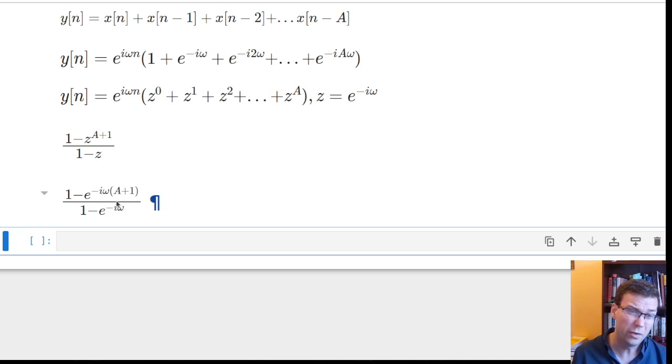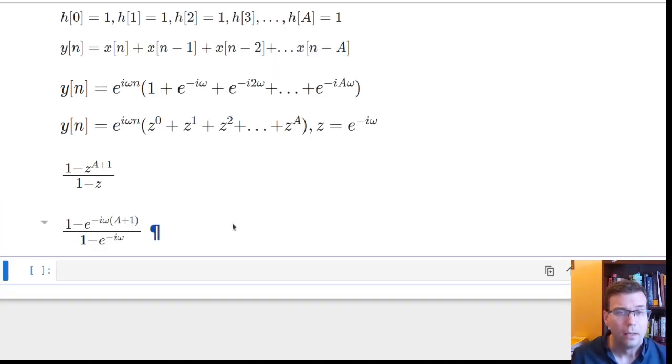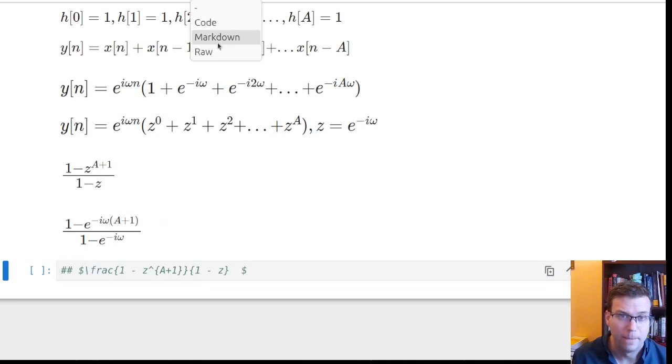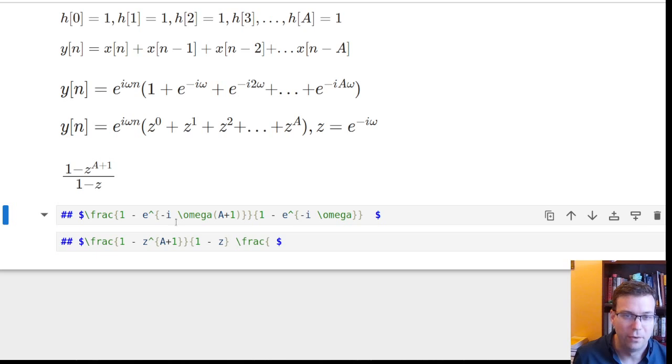So for the numerator, I'm going to multiply by e to the positive i omega quantity a plus 1 over 2. Okay, so let me do that. So my fancy one is going to be, oh, I copied the wrong thing. I meant to copy this.